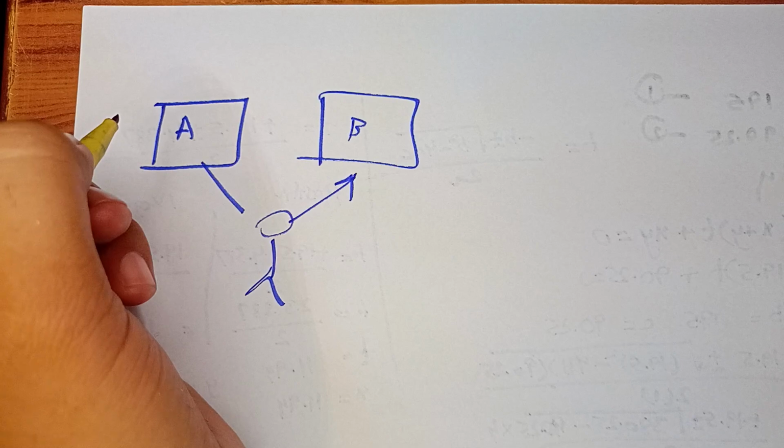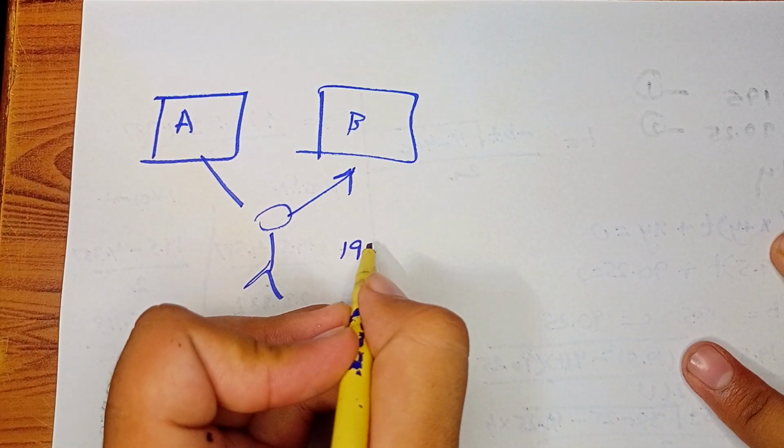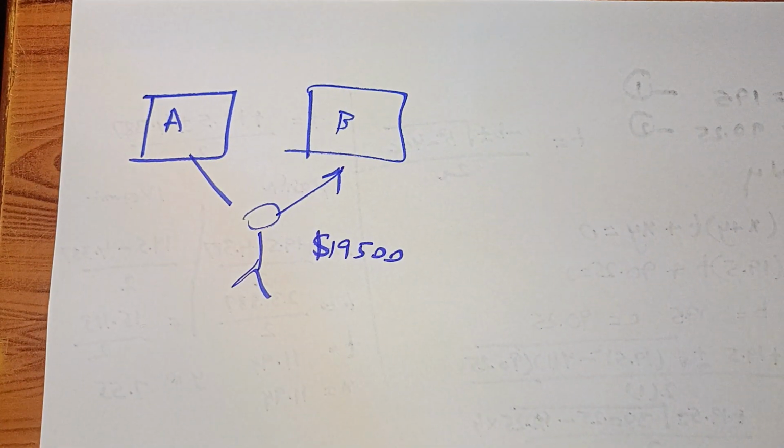You have to invest a total of $19,500 across these two accounts.